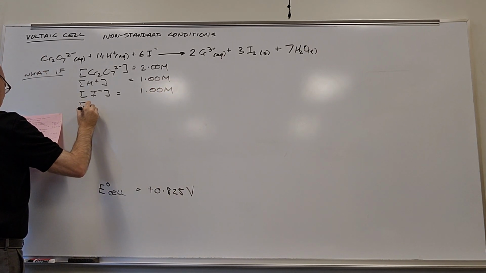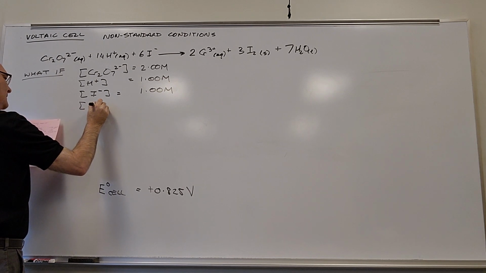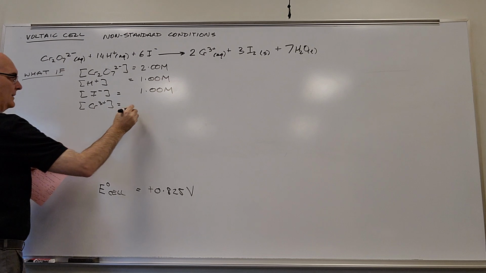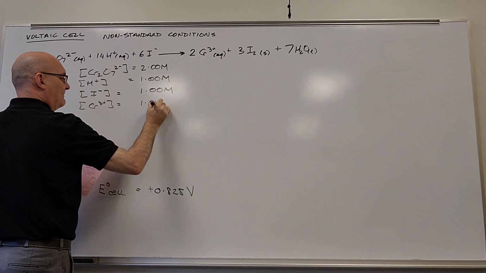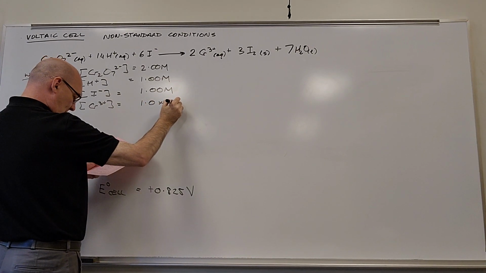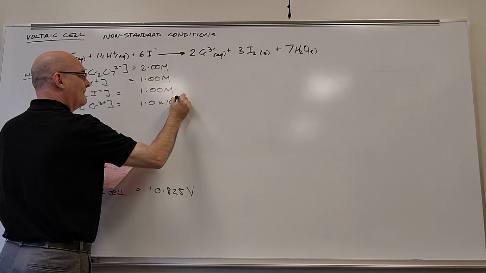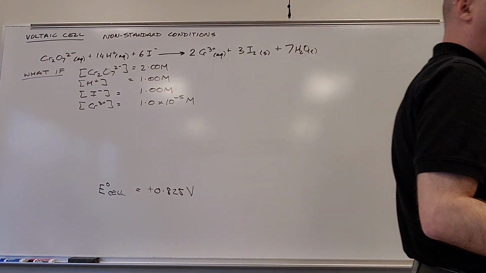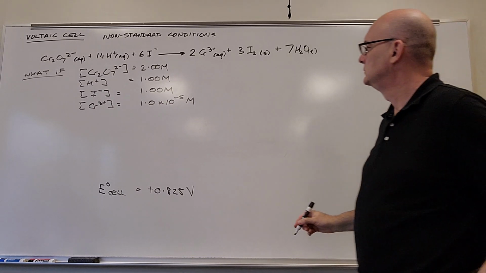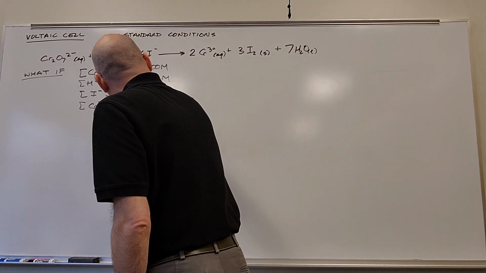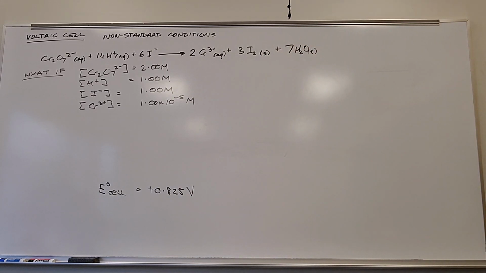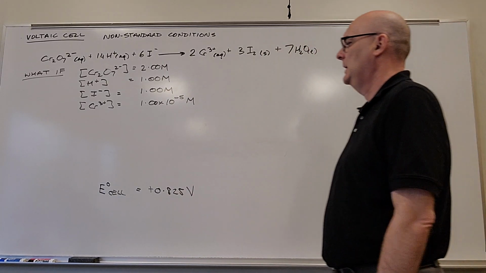And the concentration of chromium 3 plus, I think this is where the hand goes on the scale to tilt the balance here, 10 to the negative 5. We have three significant figures now, so we can keep the three significant figures that are already in our answer.